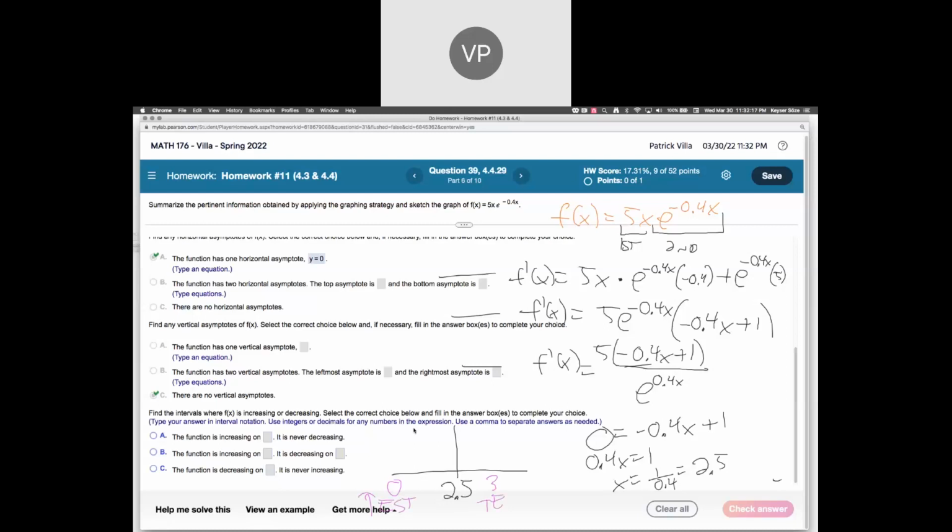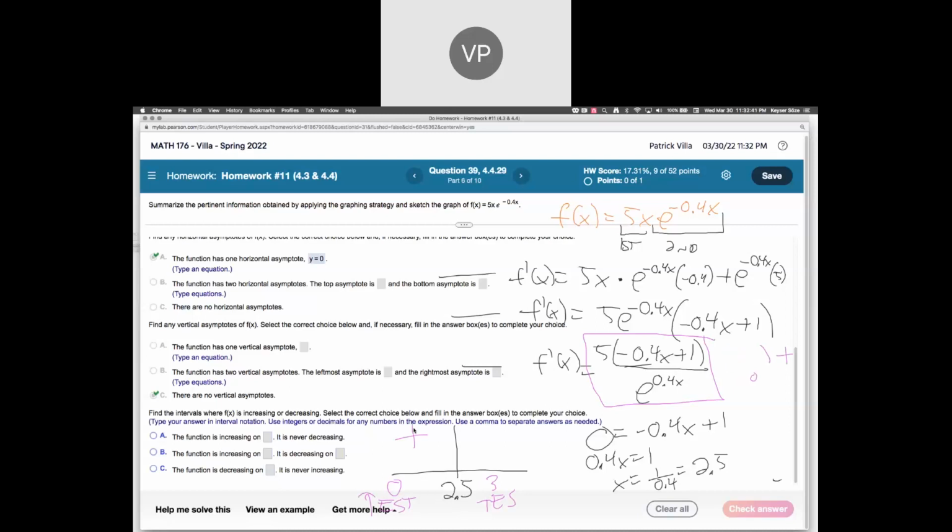These are the ones I'm testing. So I'm going to plug in 0 to one of these. It doesn't really matter which one. I'm going to stick to that one right there because I can do that in my head. If I plug a 0 in there, I get a 5, I get a 1, I get an e to the 0. Either way, it's all positives, so there's where my function's increasing.